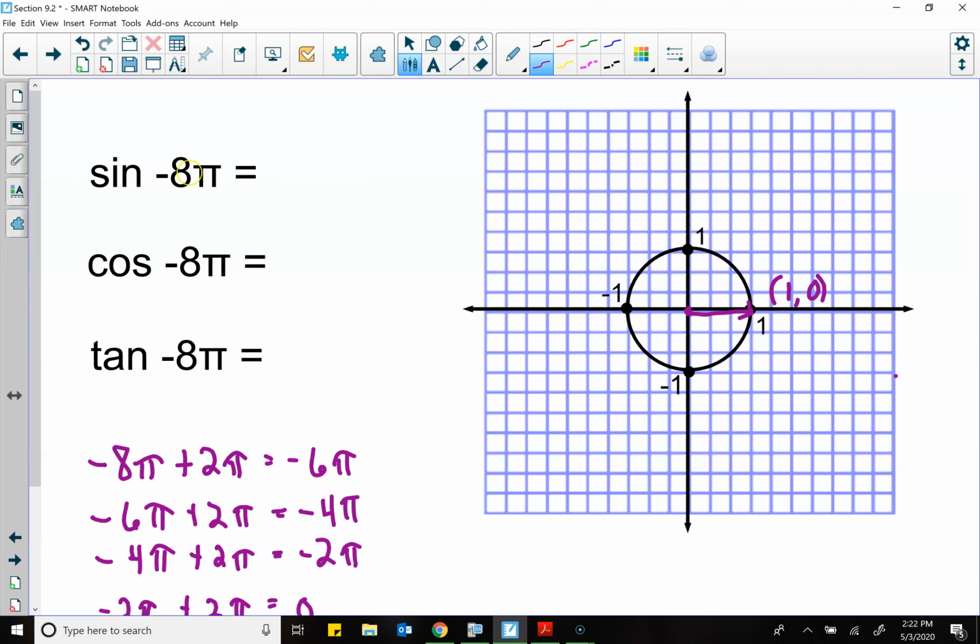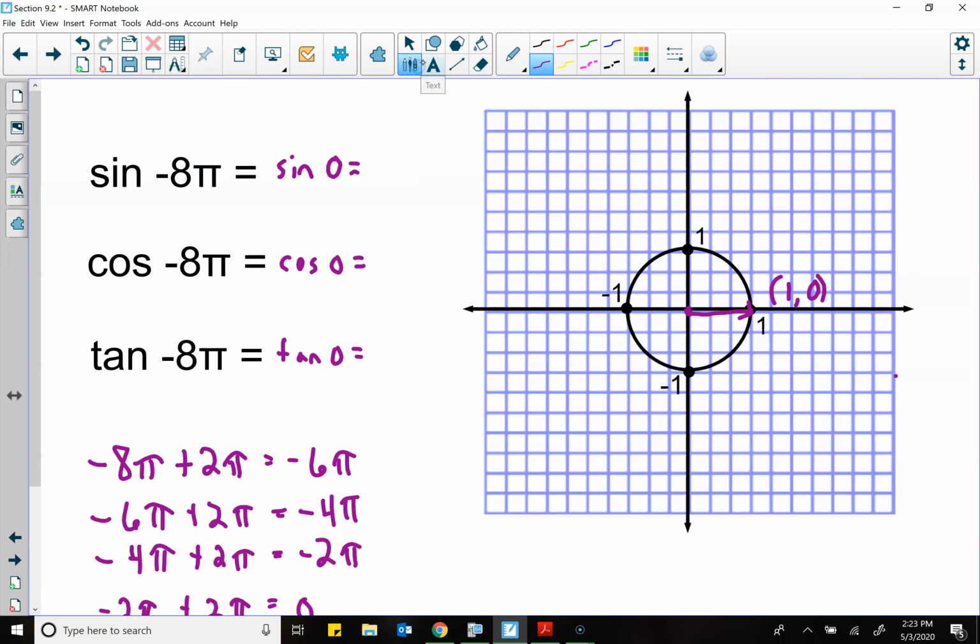We know that negative 8 pi is the same thing as if we run sine of 0, cosine of 0 here. We're going to get the same answer because it's the same angle. Tangent of 0. So go ahead, get these answers now.